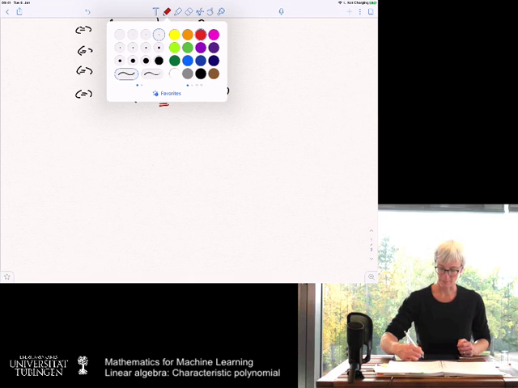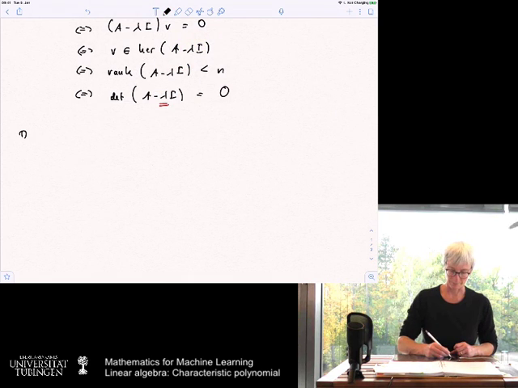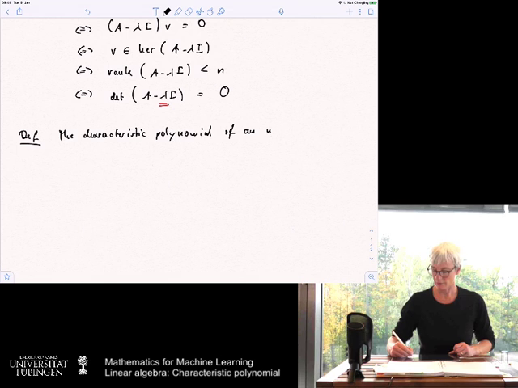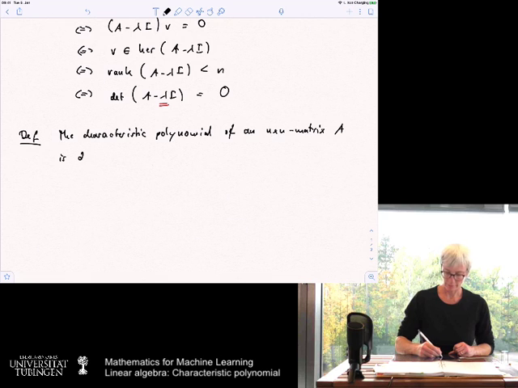So let me simply write down the definition. The characteristic polynomial of an n times n matrix A is defined as follows.